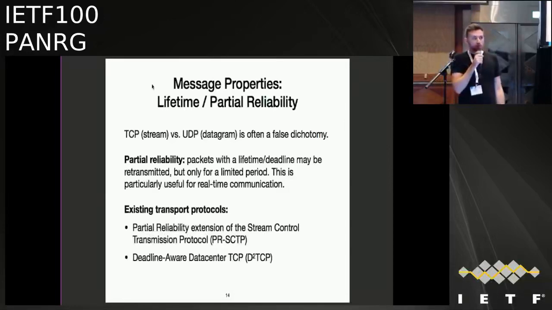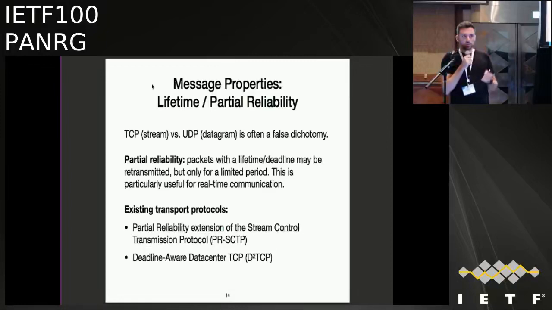Again, about lifetime, I think TCP versus UDP is often a false dichotomy. There's something that lies in between, and that's partial reliability. Packets with a lifetime may be retransmitted, but only for a limited period. I think this is a meaningful property because, as I said, we cannot optimize for both latency and throughput together.